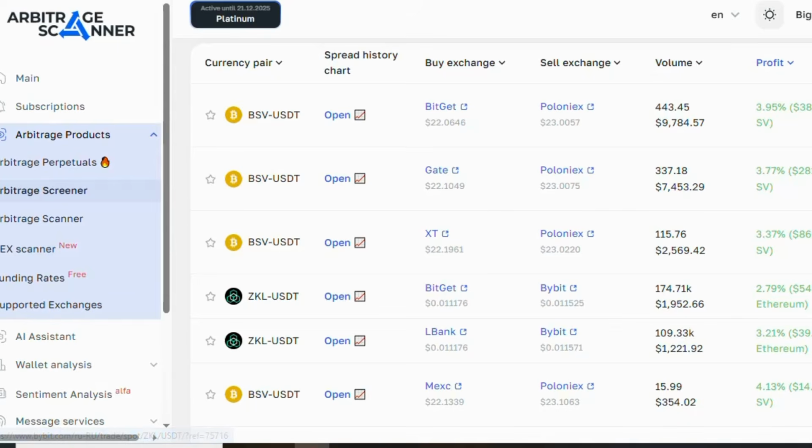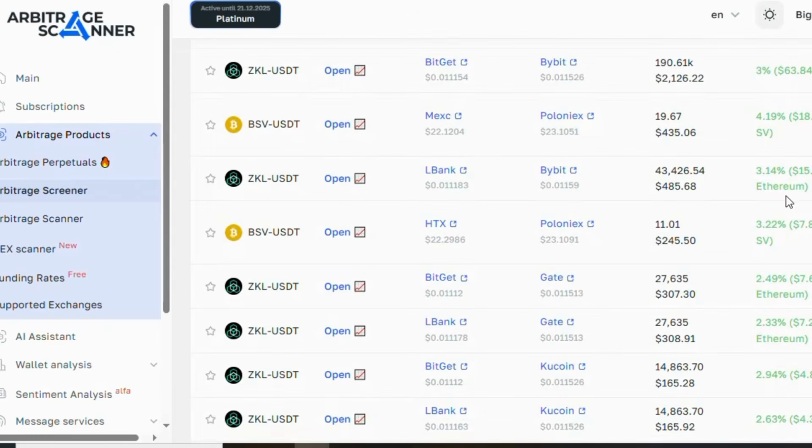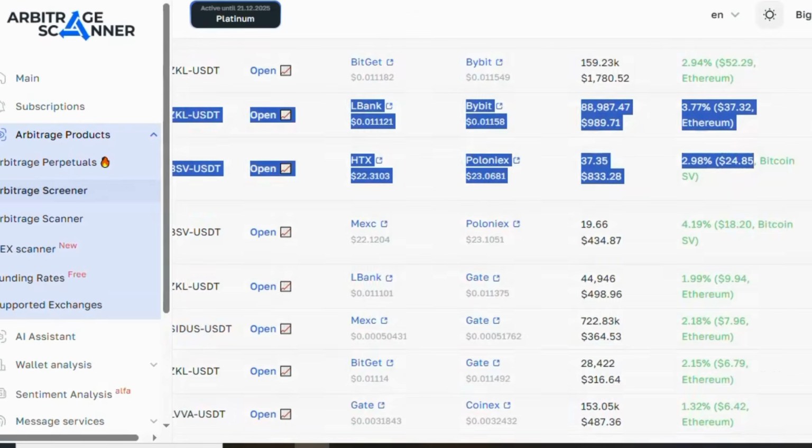Okay, so I'm going to just go sideways and let's see what this tool has for us. So on this area, this is what we're looking at, the ZKL.